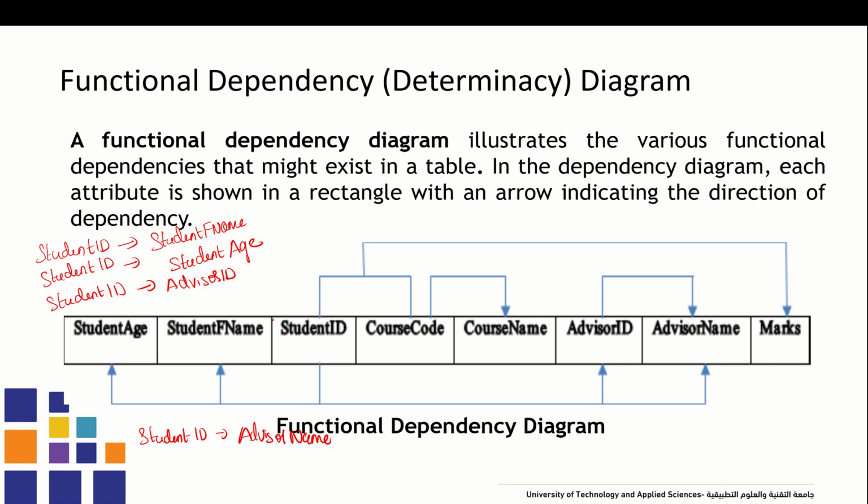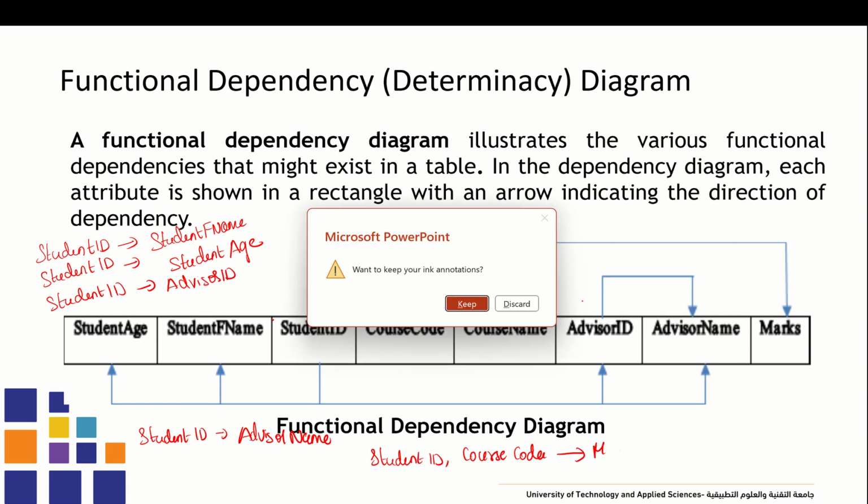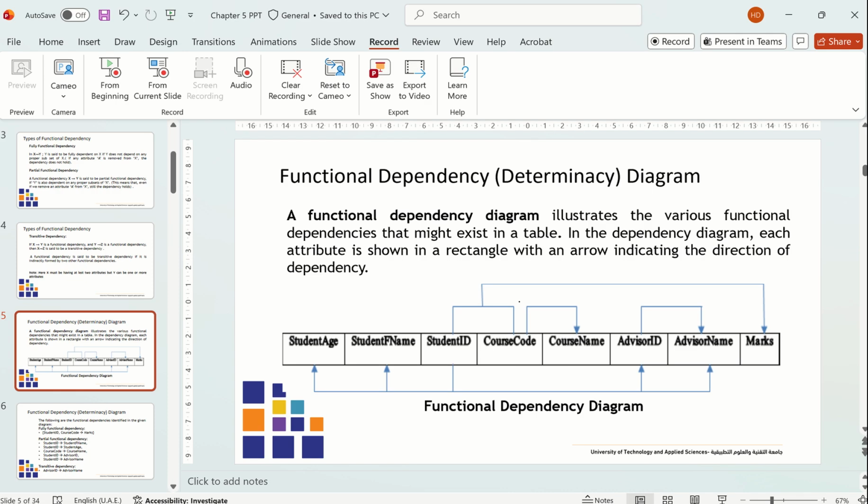Now coming back to this one. Here you have two attributes, so I will write student ID, course code determines marks.